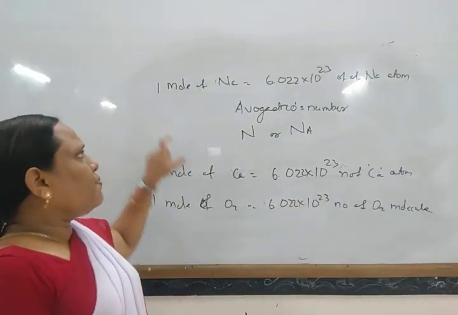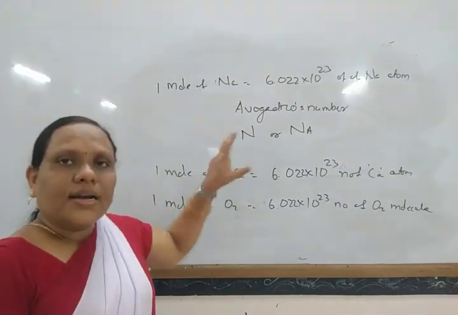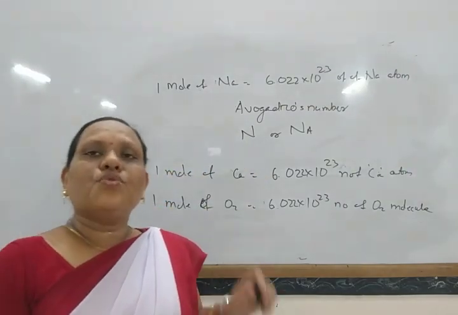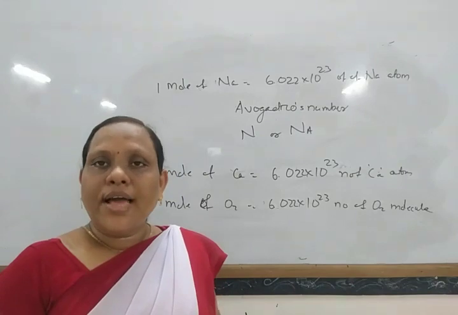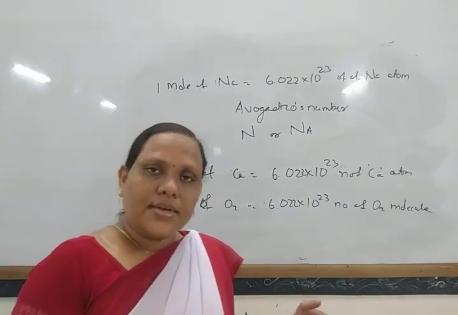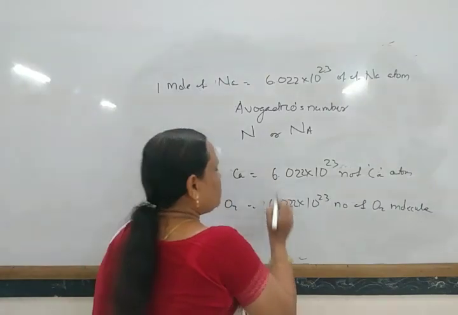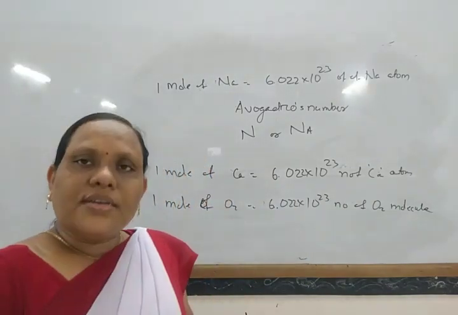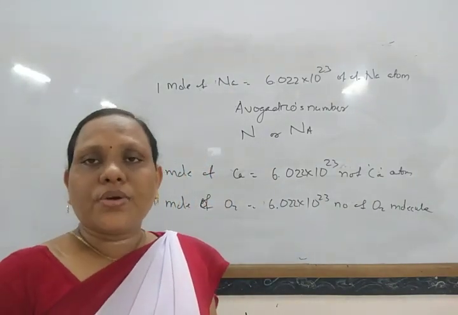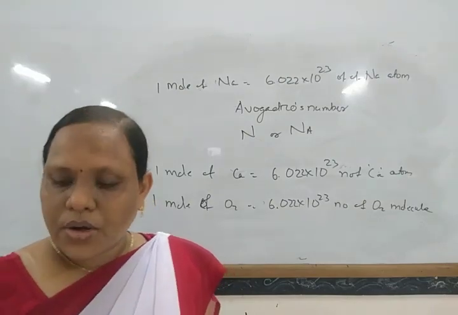So that number is known as 1 mole, just as 12 is known as a dozen. Similarly, 6.022 × 10^23 is also known as 1 mole.